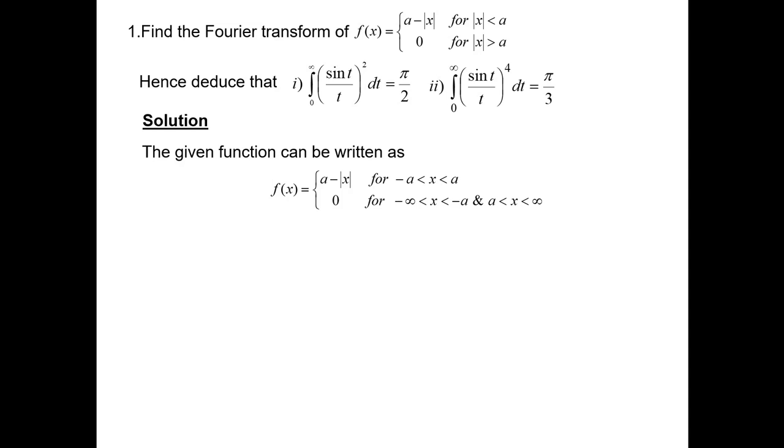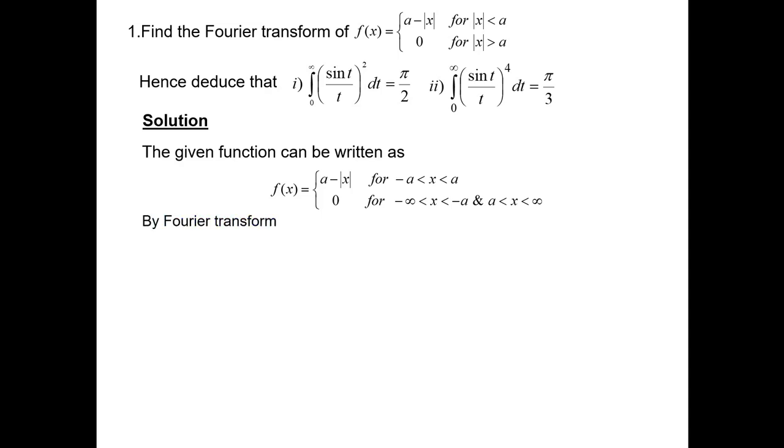That is, modulus of x less than a can be written as minus a less than x less than a. Therefore, our f of x is a minus modulus of x when minus a less than x less than a, 0 otherwise. Now we want to find the Fourier transform for this function.